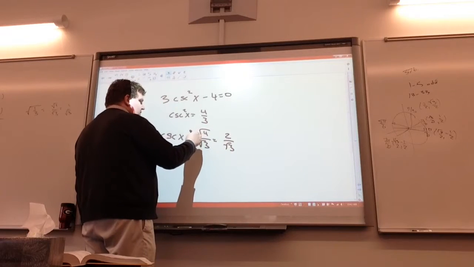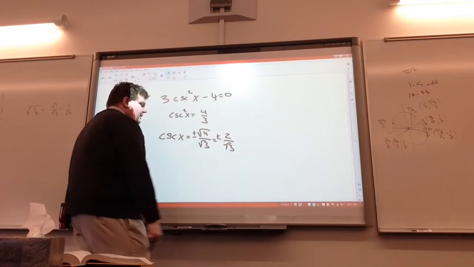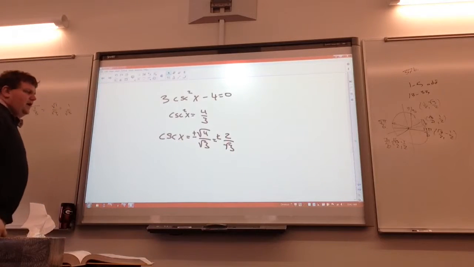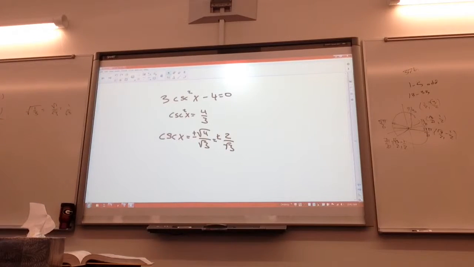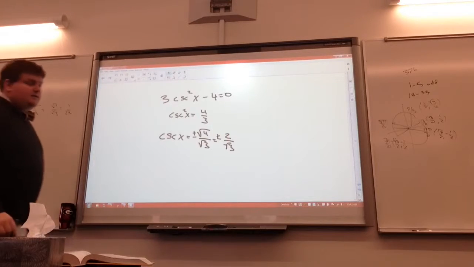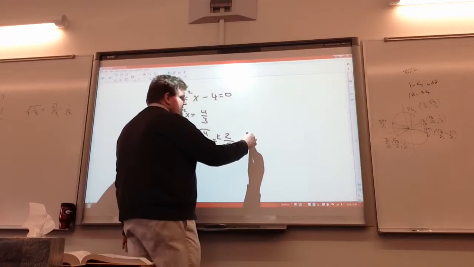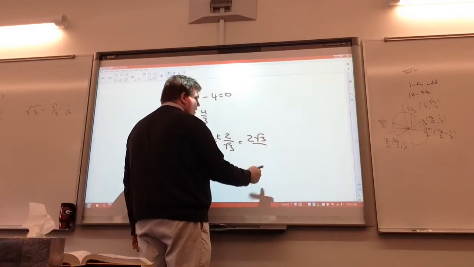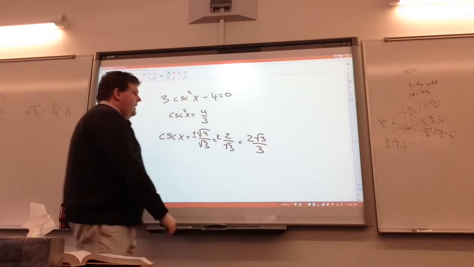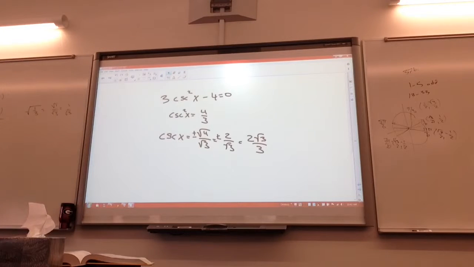Technically these are plus or minus, so it's plus or minus there. And what should I do with it? Should I leave it as 2 over root 3? I should multiply by root 3, right? Rationalize it to make it 2 root 3 over 3. Now, this gets a little trickier.